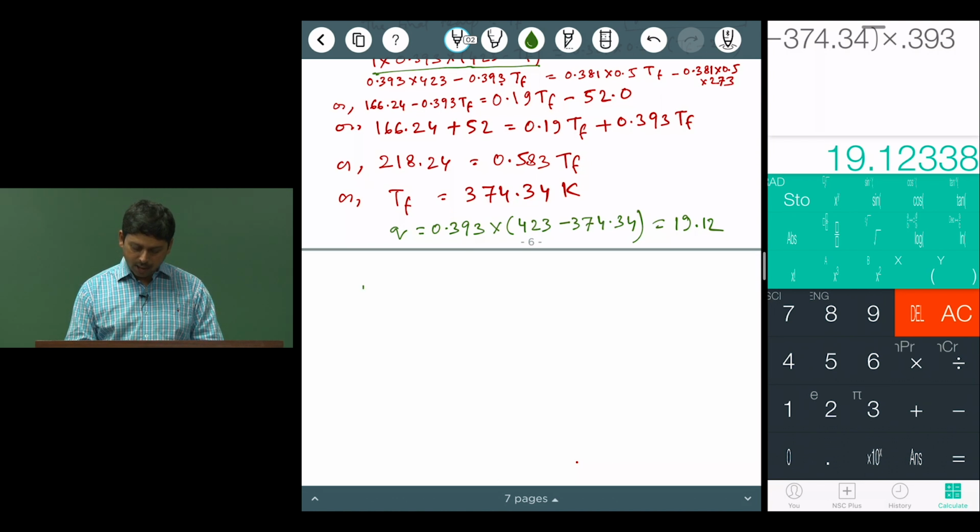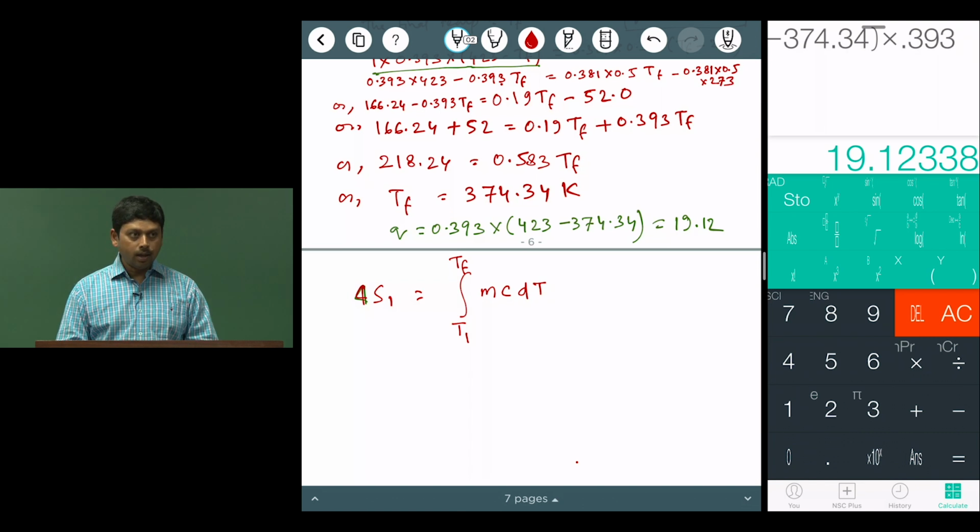So, let us calculate the change in entropy for the block 1, which is S1. S1, we know that it is going from T1 to Tf, and the formula for that is m c dT is the change, and the entropy is dq by T. So, m c dT is the dq reversible by T. So, that is the formula that we have to use in order to calculate that, which is giving us m c ln Tf by T1.